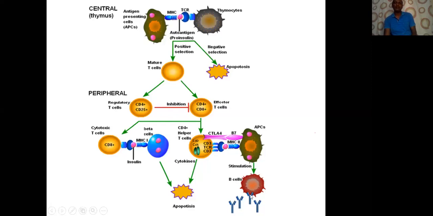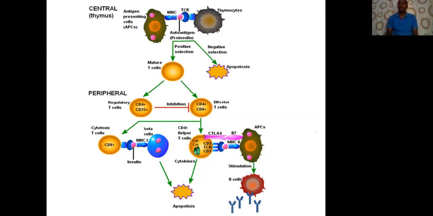We know that insulin is coming from the beta cells of Langerhans, and these antibodies will destroy them. This is how type 1 diabetes progresses.